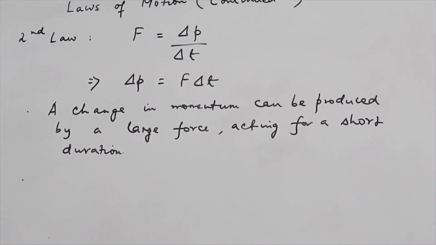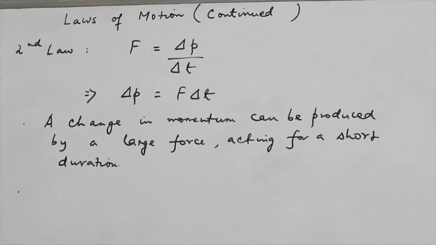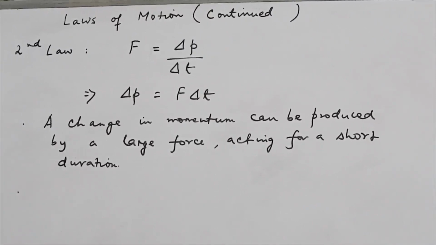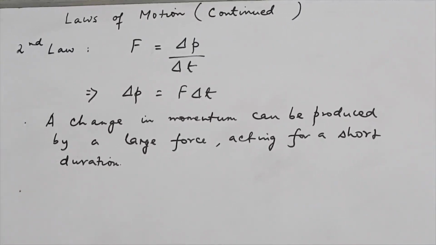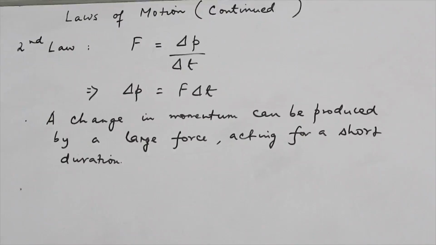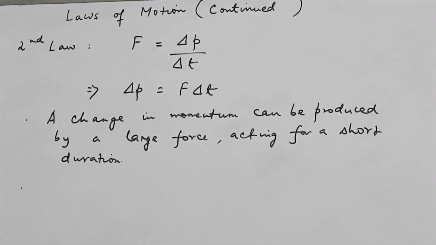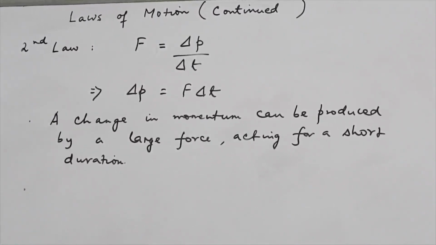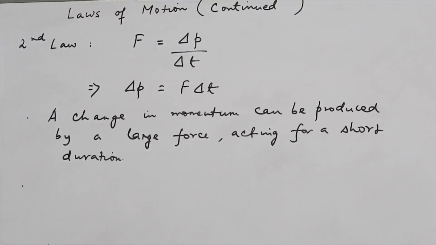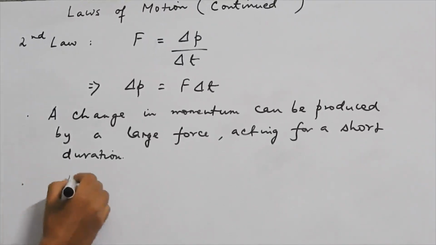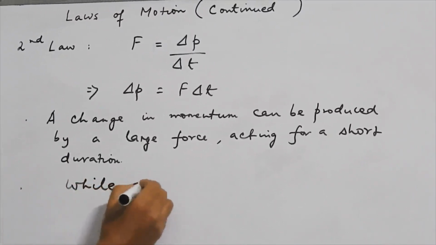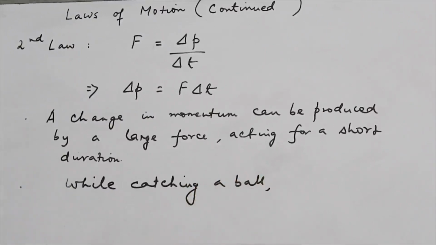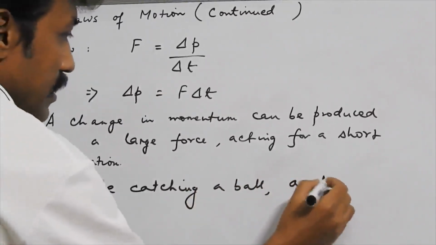Either the force is very large, acting for a very short duration of time, or in order to decrease the impact of the force, the time interval of impact might be increased, so that the change of momentum is easily negotiated by applying a force acting for a very large duration. So for example, while catching a ball, a fielder withdraws his hand.